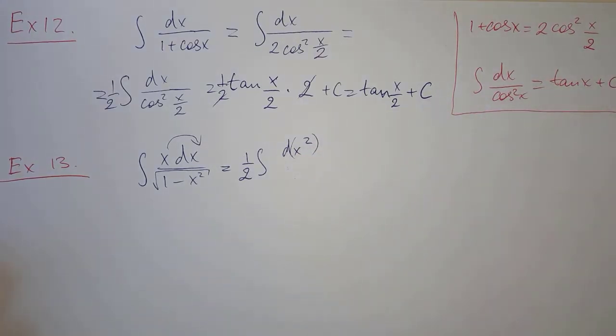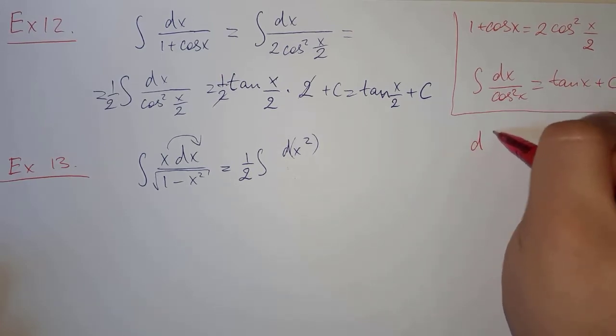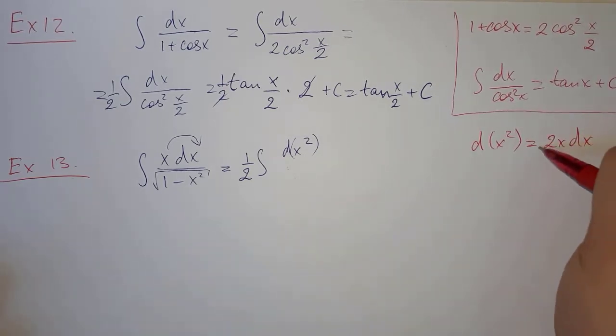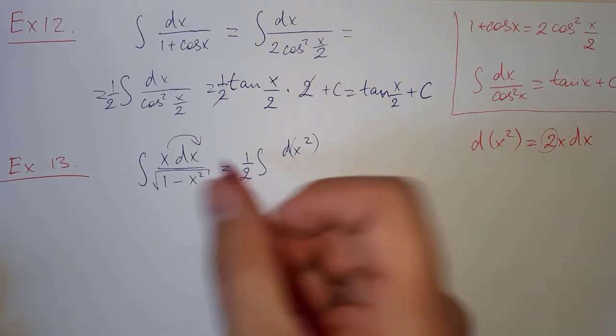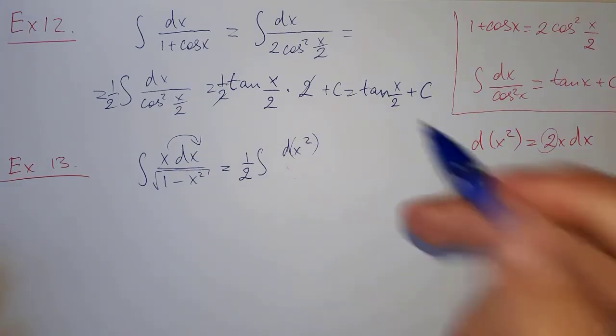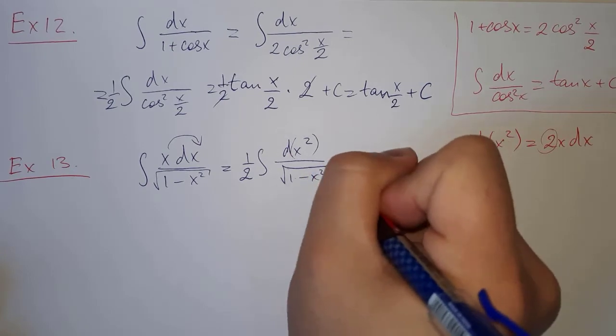One more time. Look here: dx squared is 2x dx, and this 2 we divide here, and we have just x dx, the given one. Is it clear? So now, here we have the square root of 1 minus x squared.